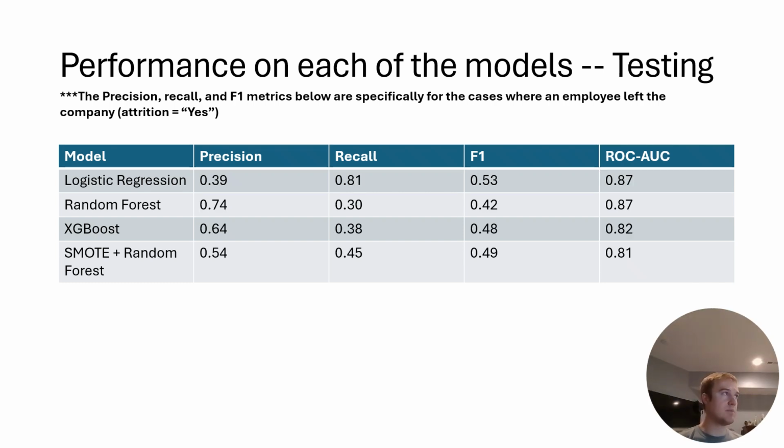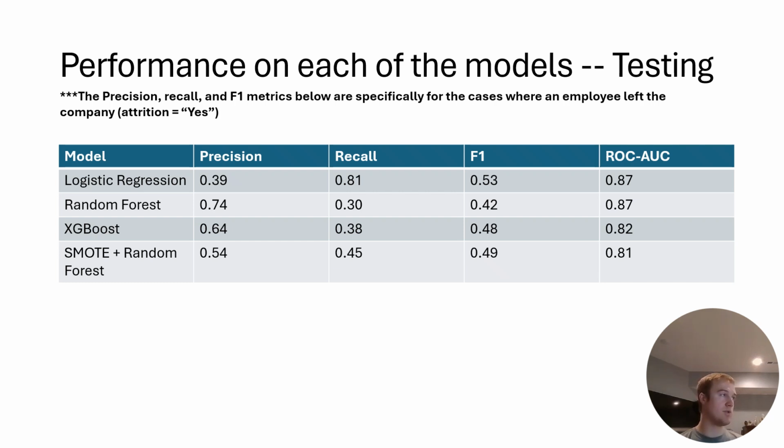Now we're going to look at the testing performance metrics. The first model, logistic regression, had the lowest precision, but it had the highest recall and F1 scores, and it was tied for the highest ROC-AUC score. The random forest, the second model listed in the table, had the highest precision, but then it had the lowest recall and F1 scores, and it was tied for the highest ROC-AUC scores.